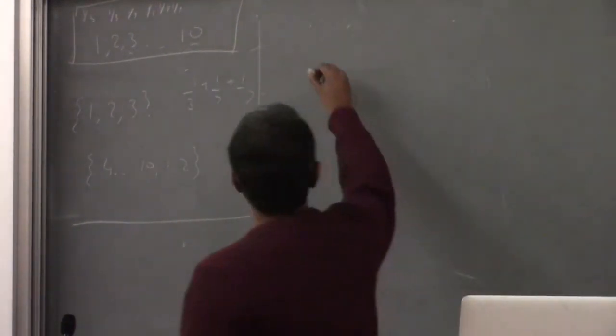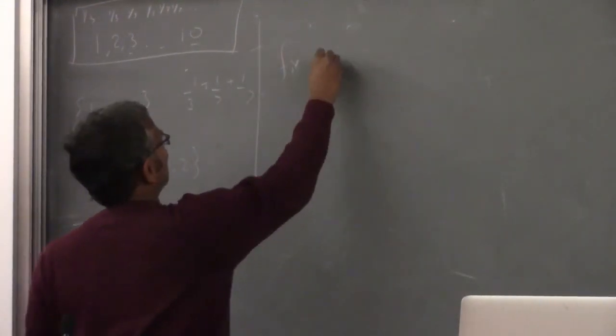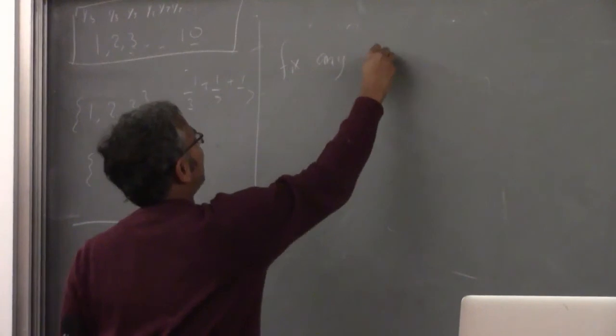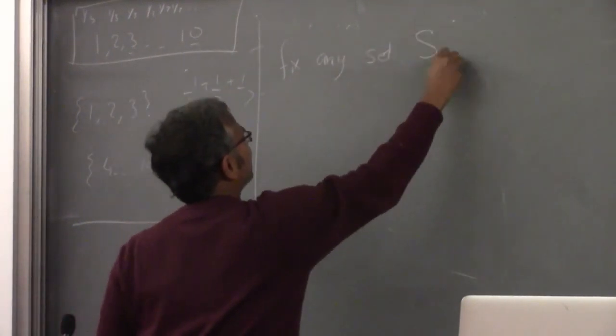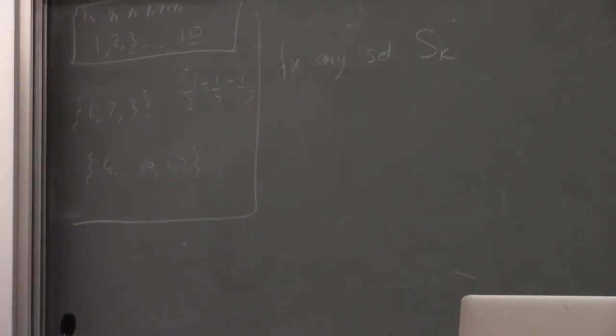So let's fix any set of my input. Any set S_k. Let's look at the cost of the elements in this set.